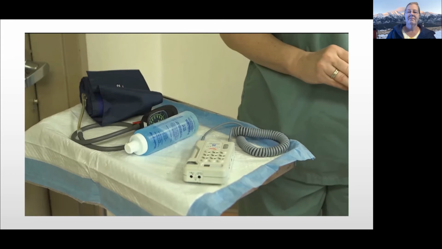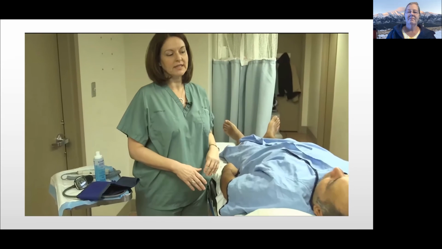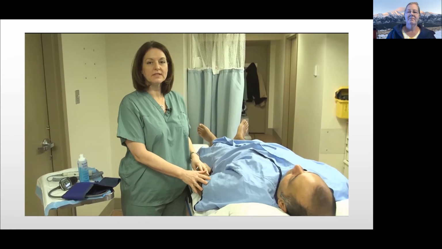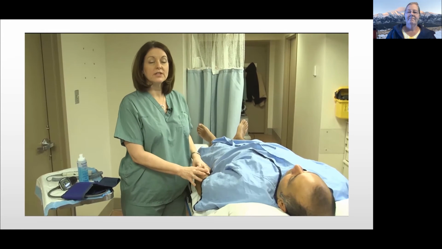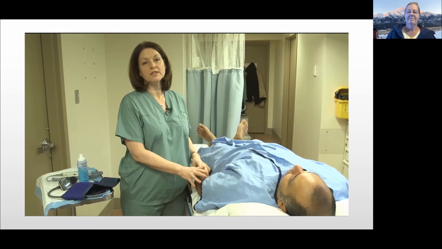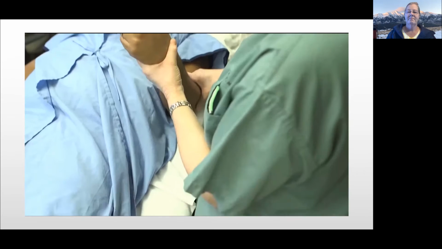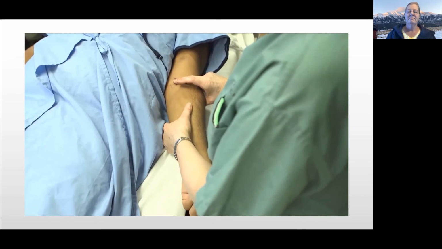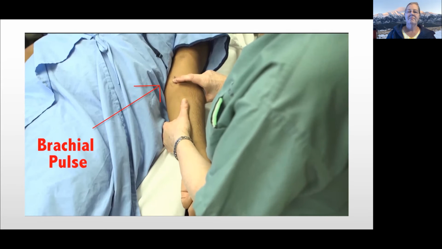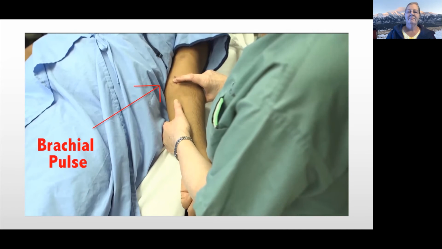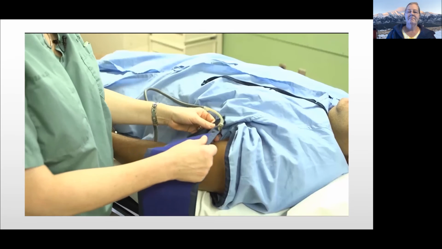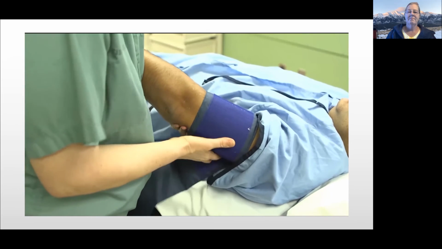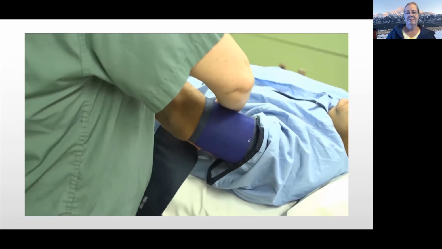So the next thing is that you actually want to make sure that your patient is lying comfortably and relaxed for about 10 minutes to stabilize their blood pressure. It's also important to remind your patient not to speak while you're doing the test. You apply the blood pressure cuff to the patient's arm, taking care that you leave enough space so that you can still access your brachial artery.